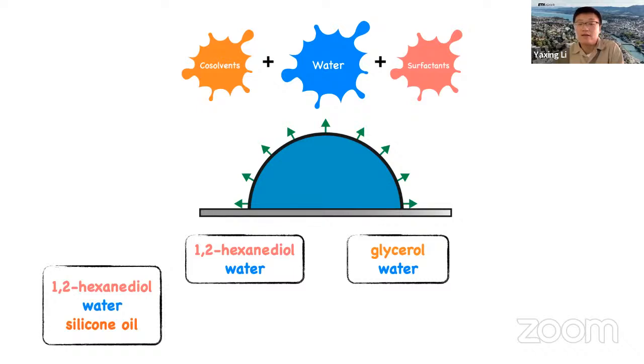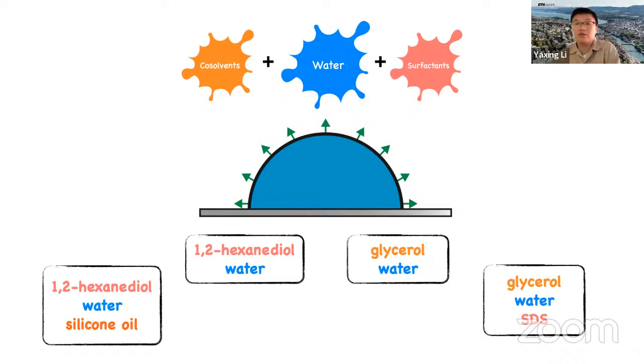We add a little silicon oil into hexanediol and water to form a ternary system, and we also add another surfactant, SDS, into the glycerol and water system to make another ternary system. I'm going to introduce all these systems one by one, and how interesting they are.